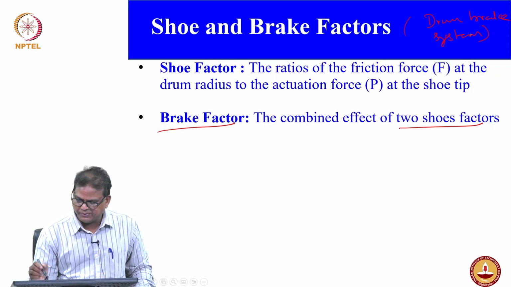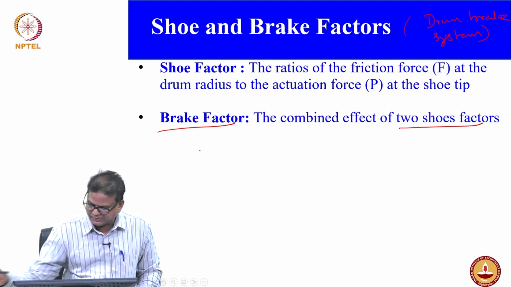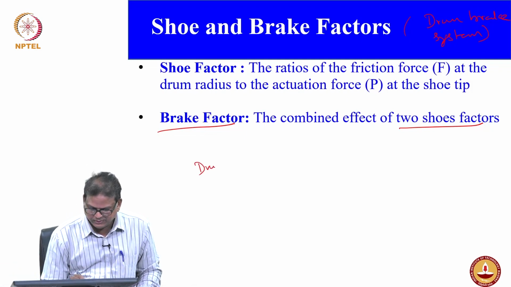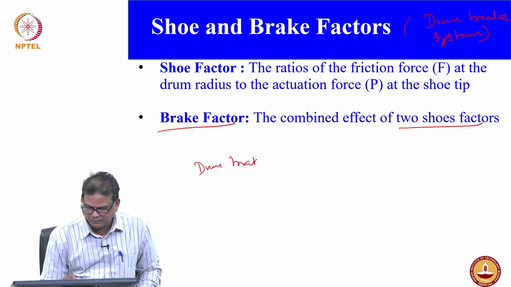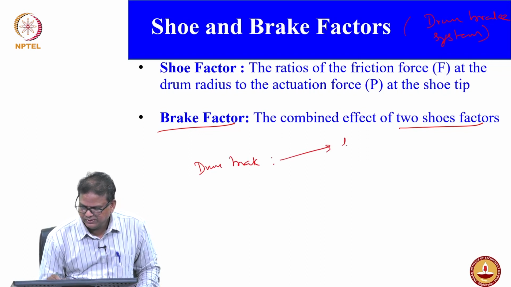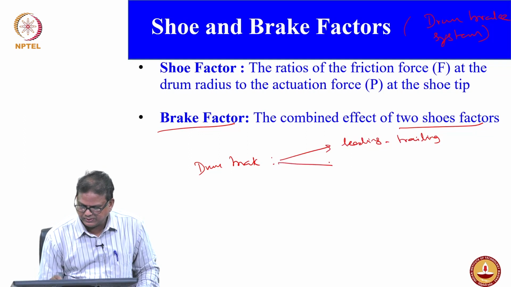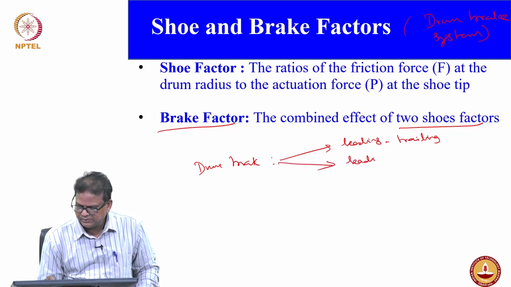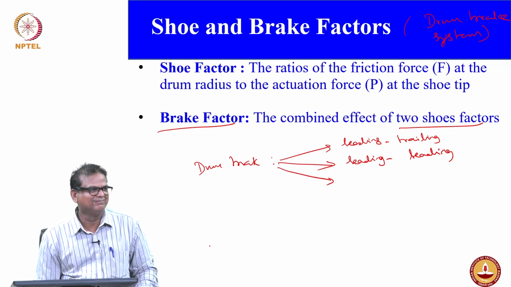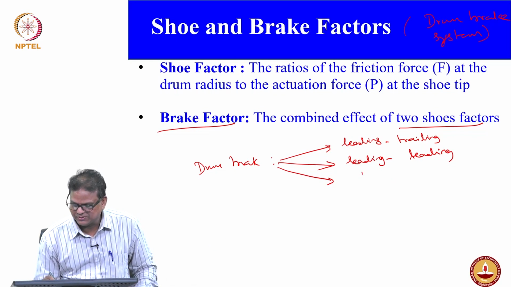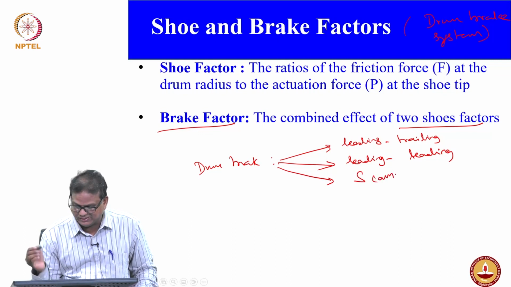Normally, when you say drum brake, there are 4 types. One is leading and trailing, so that is why 2 shoes are coming. Another one is leading. The third one is S-cam, which will have both leading and trailing shoe.